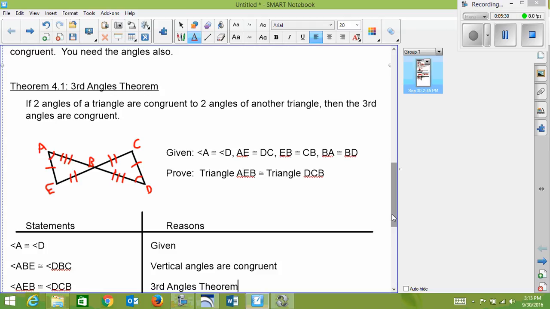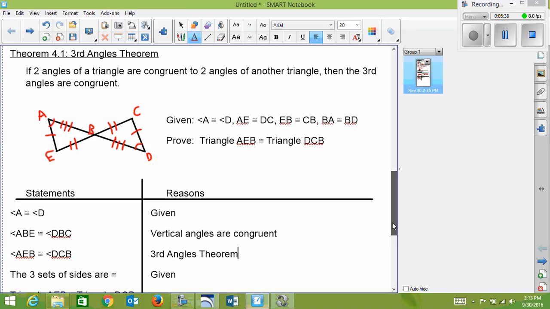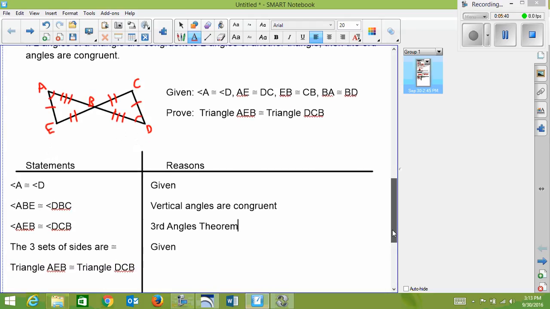Some other information that was given to us is that all three sets of sides are congruent. That's given. So now I have proven right there that three angles and three sides are congruent to each other. So triangle AEB is congruent to triangle DCB.